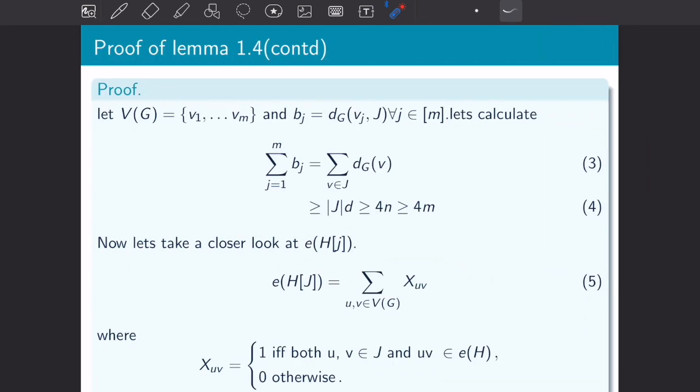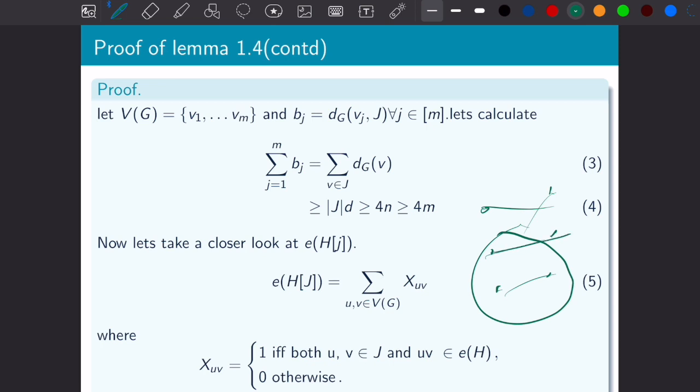As I already explained, E of H of J consists of only the edges which are formed because of the vertices which are present in J. So if we have some vertices and there are lots of edges, and J is a subset, then we'll only be considering the edges which are formed due to the vertices which are present in J.